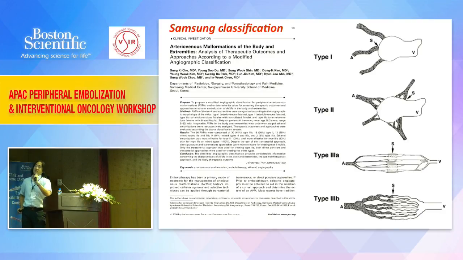And this is a very famous paper from the Samsung Medical Center, Korea. Dr. Yakes classified the angiographic findings of AVM into 4 types: type 1, type 2, type 3A, type 3B. These findings are very important for us to talk about the nidus, and we also treat the nidus based on these findings.